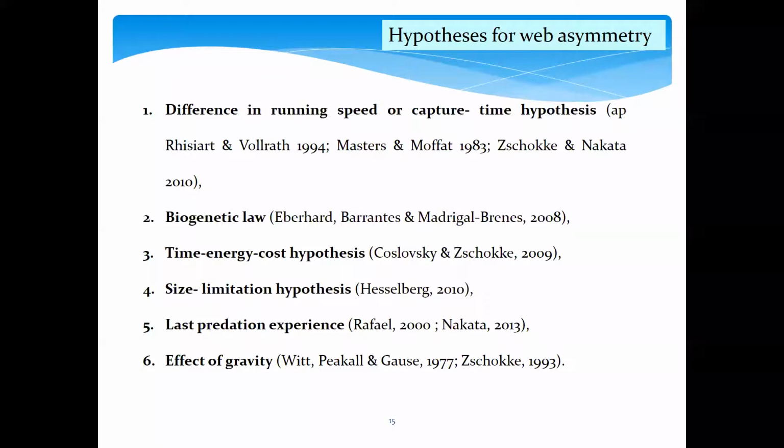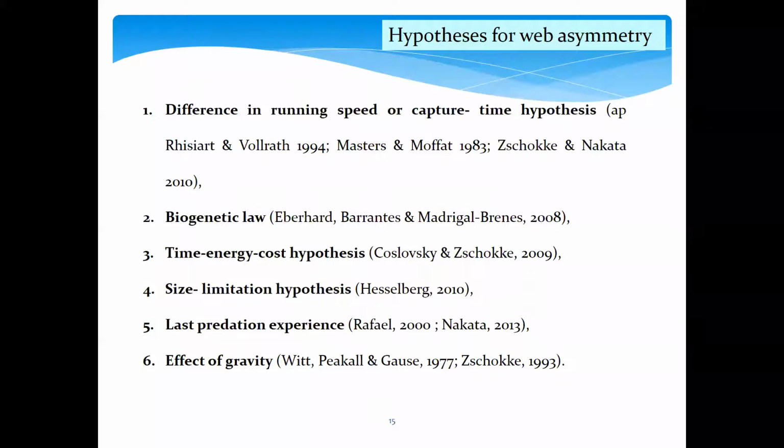The capture time hypothesis tells us that this asymmetry occurs because it takes less time to run towards the lower web area and capture a prey than to rotate and move towards the upper side of the web. So this is the capture time hypothesis, that is, less time is taken to handle a prey item, so there is web asymmetry.